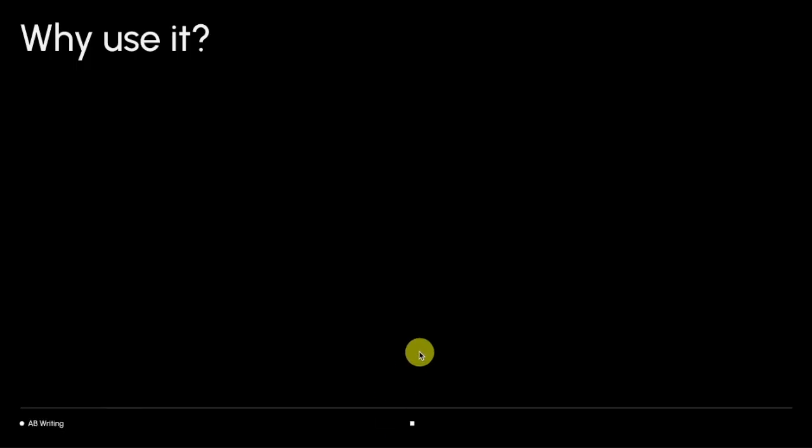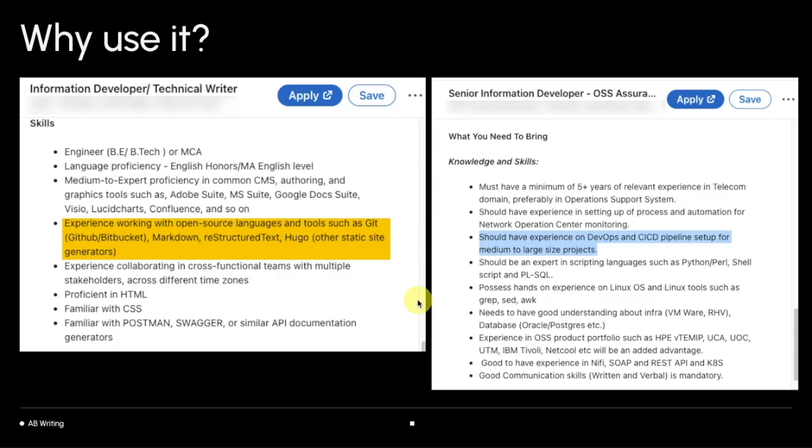And now that was the sensible answer for why use it. A more realistic answer is the job market. These days, every other LinkedIn post about technical writing or even content writing sometimes have these requirements. Open source languages, tools like GitHub, Markdown, DevOps, which is nothing but combining your development and operations together and running CI/CD.